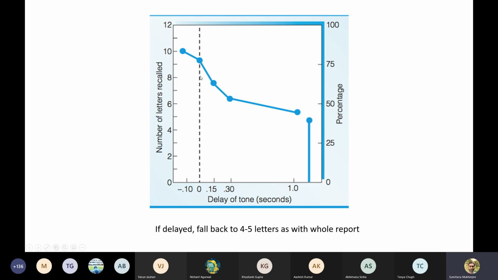Okay. If there is no delay, then people can report a large number of items.